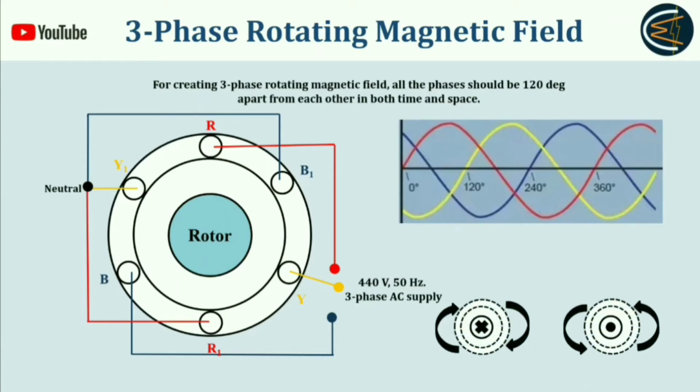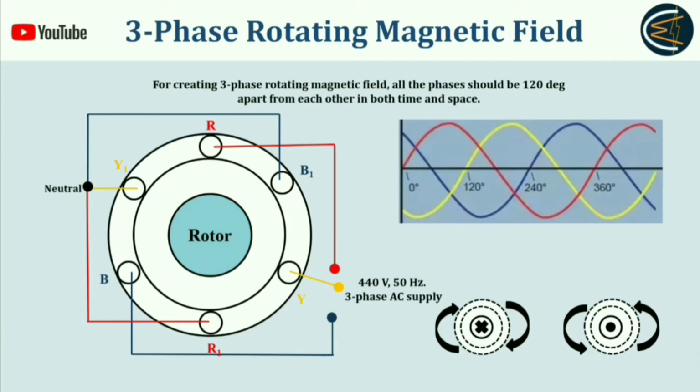Now let's move forward. This is the cross and dot convention using the thumb rule. If the current is entering the surface, that is denoted as a cross, and in that case you put your thumb in the downward direction, and if you rotate the rest of your fingers, they rotate in the clockwise direction, and this clockwise direction indicates the rotation of the magnetic field.